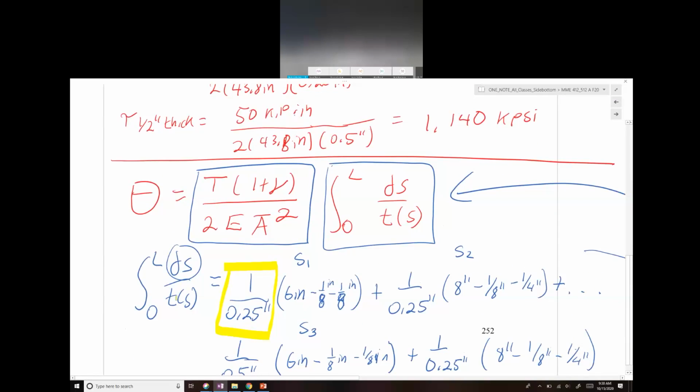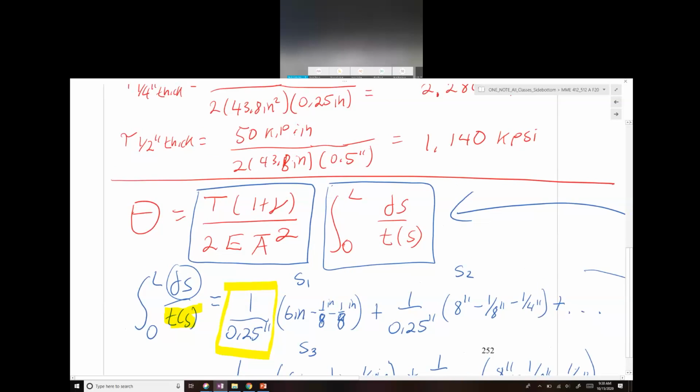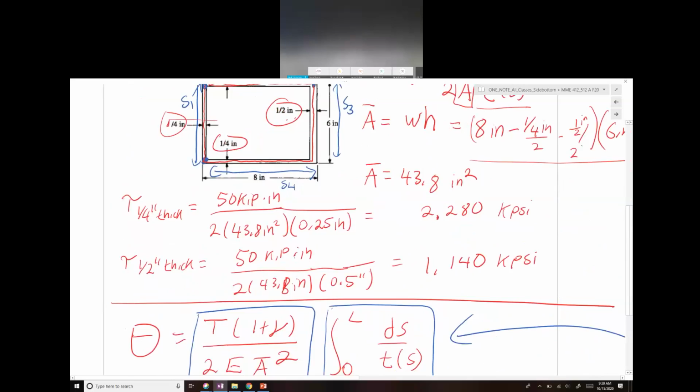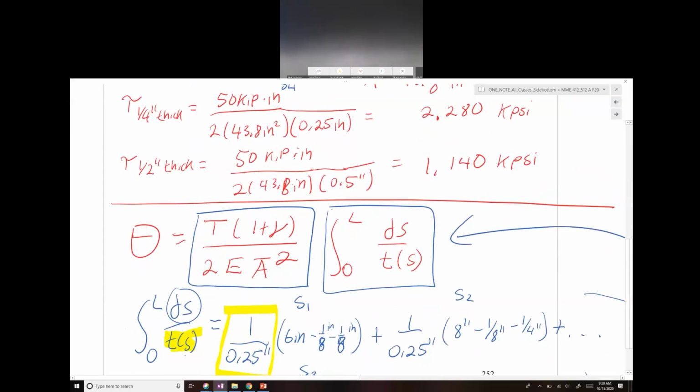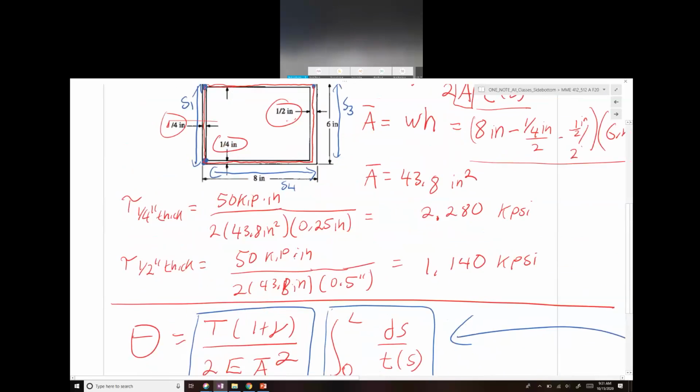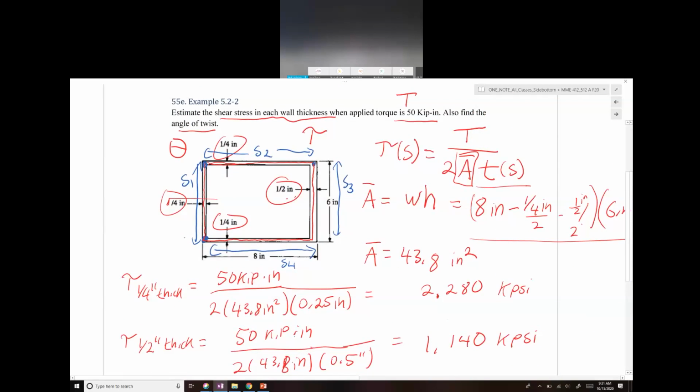So in this integral, we are interested in the thickness. So S represents the perimeter. So what we're doing here is, let me call this point A here. So from point A to point B, our thickness is constant.